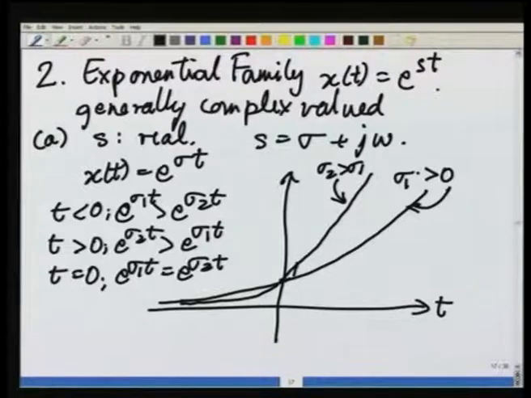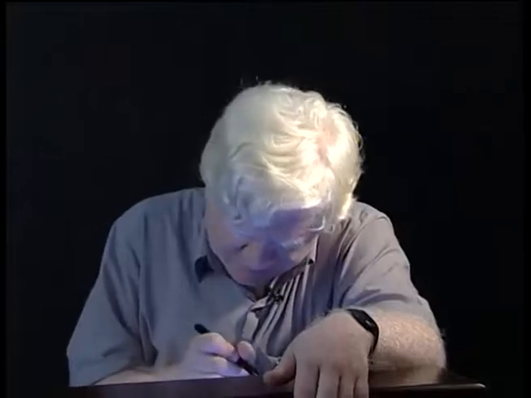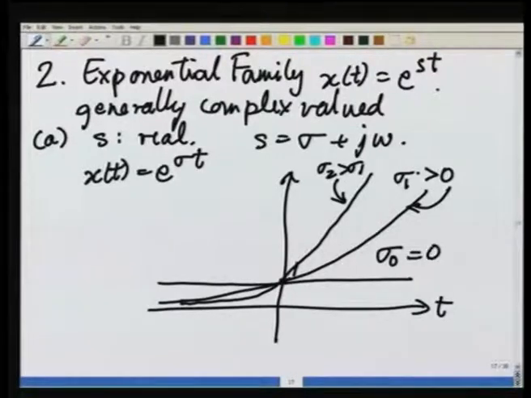Now, let me just erase these remarks I have made over here, because I want to continue plotting this graph. What happens if we choose sigma equal to 0? We will call this sigma 0 equal to 0.